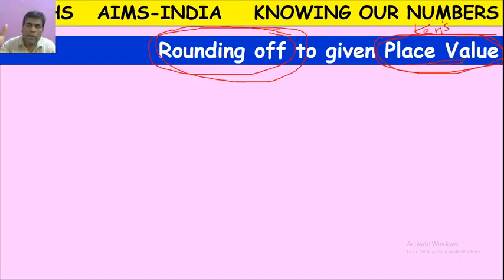According to the question, we have to give the answer, because this rounding off concept depends on the place value. If they ask tens place, the answer will be different. If they ask hundreds place, then the answer will be different.